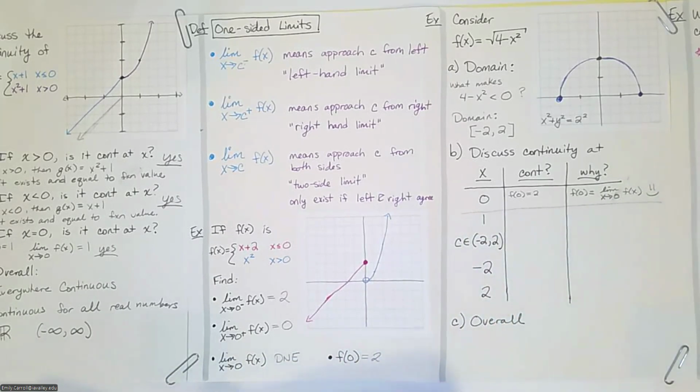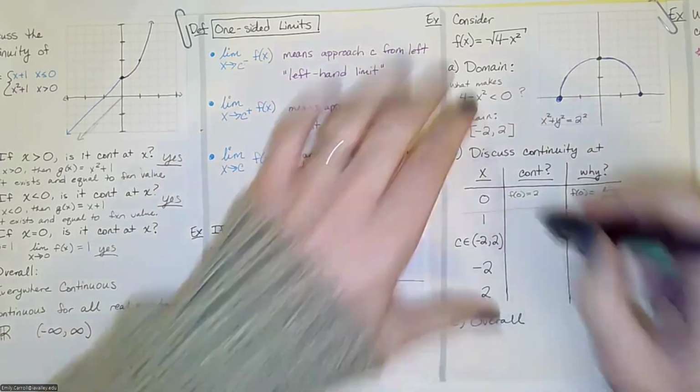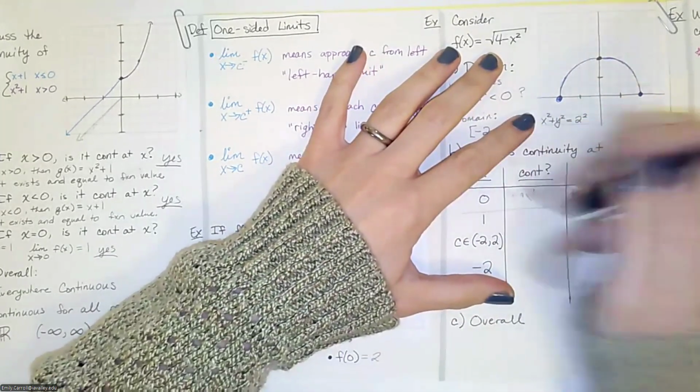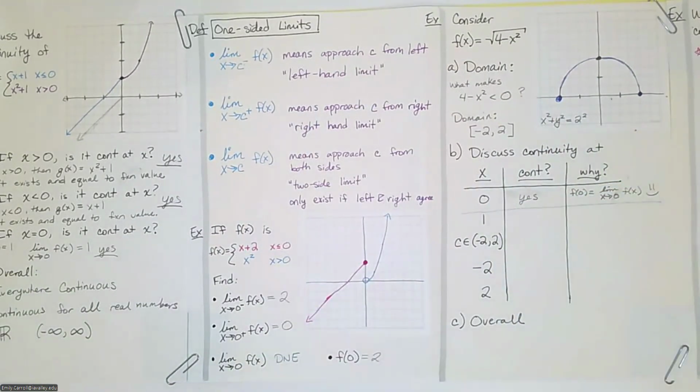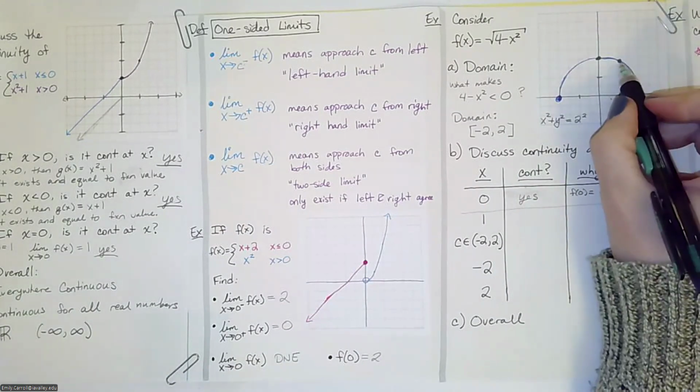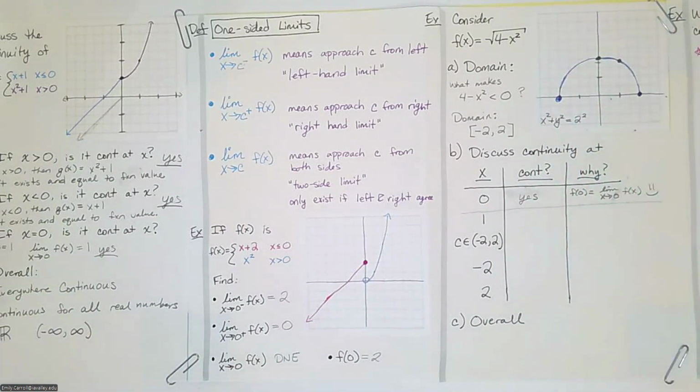How about at 1? This should say yes, not f of 0 equals 2. How about at 1? Same situation, but now our point's over here. Okay, so f of 1 is going to be the y value right there. You could do some trig and get a decimal approximation for that if you so desired, but let's not and say we did.